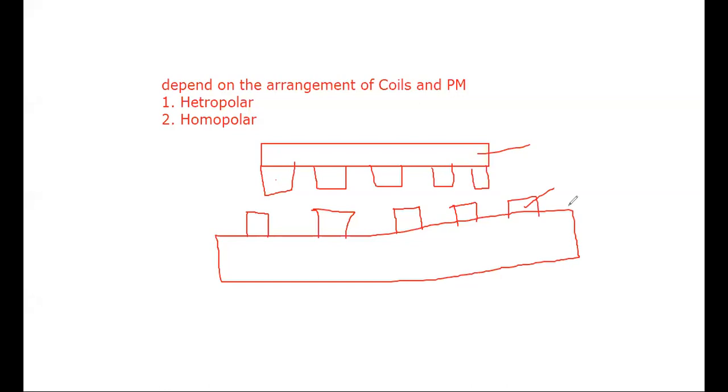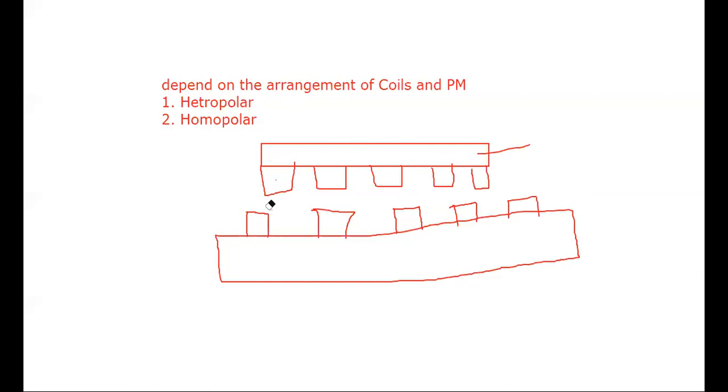Now coming to the homopolar type. What is happening here? In this, there is no coil in the secondary, or there is no permanent magnet in the secondary.